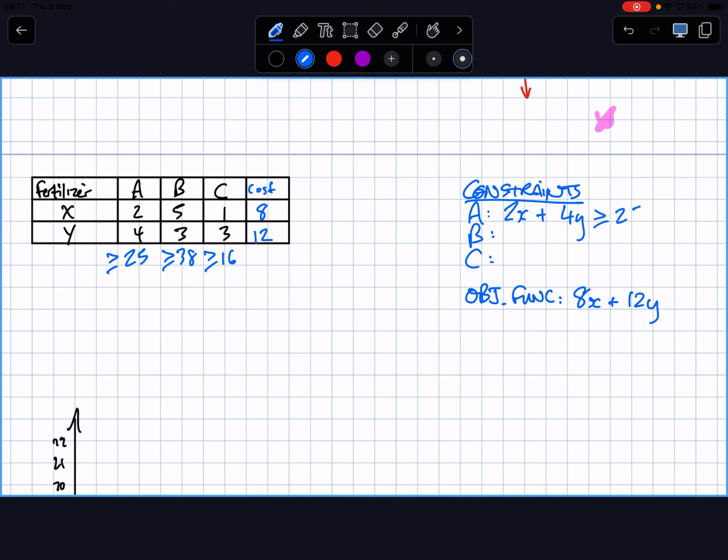Someone else, constraint for B. 5x plus 3y greater than or equal to 38. Last one. Why didn't he say 1? You don't need to. Well done. There's your constraints. There's your objective function.